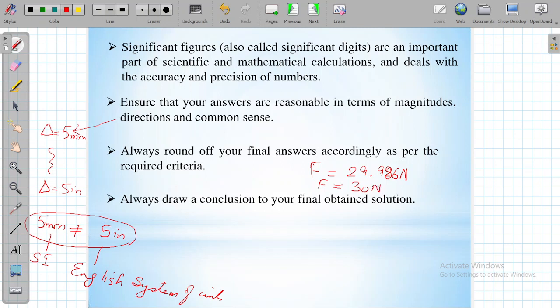And then at the last, always draw a conclusion to your final obtained solution. This is very important, that you must be able to draw a conclusion about your final solution, whatever solution that you have done. You have to explain it in your words, logically, what the solution corresponds to with regard to the question.